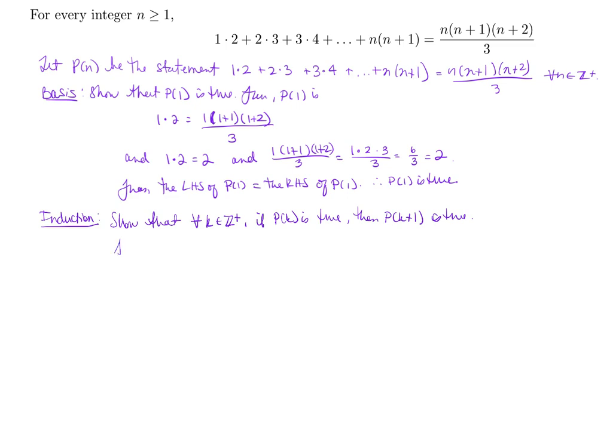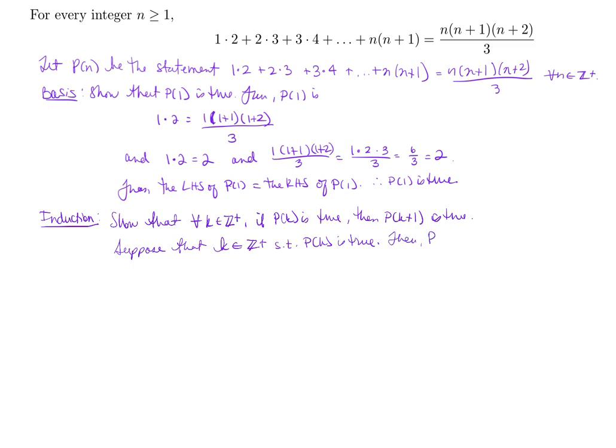So we would say then, suppose that k is in the set of positive integers such that p of k is true. And again, you can change that "such that" to an "and", if you like.